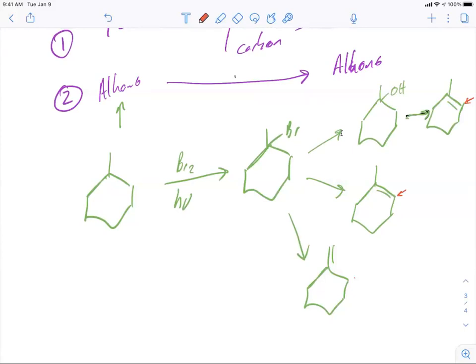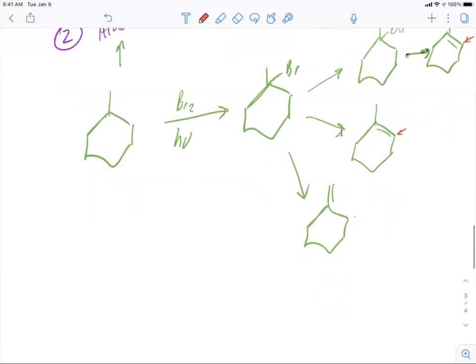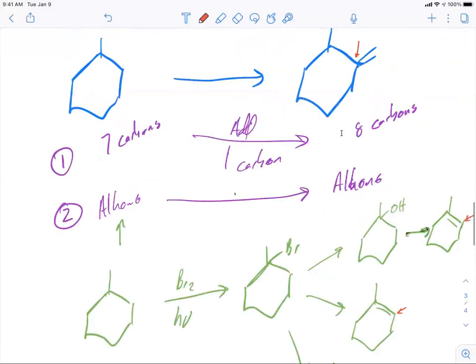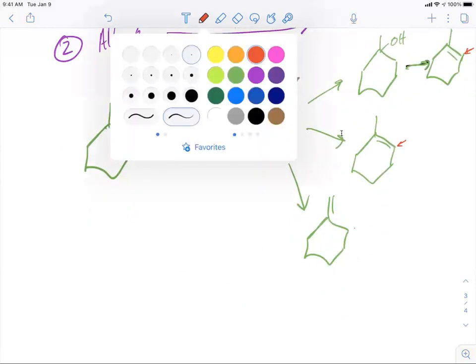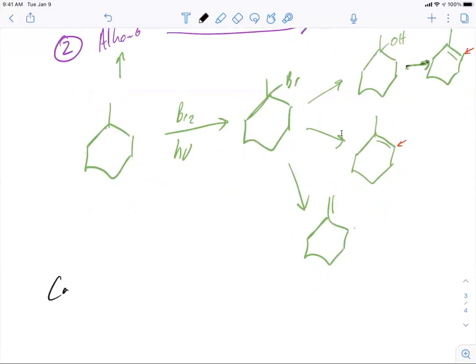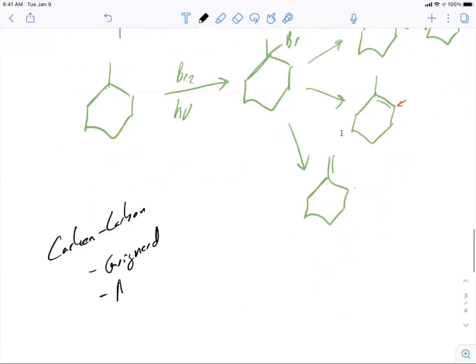So if I want to do the reaction, then what things will get me to the alkene by adding 1 carbon? So thinking about that, right, I've got carbon-carbon reactions. I've got Grignards. I've got acetylides.